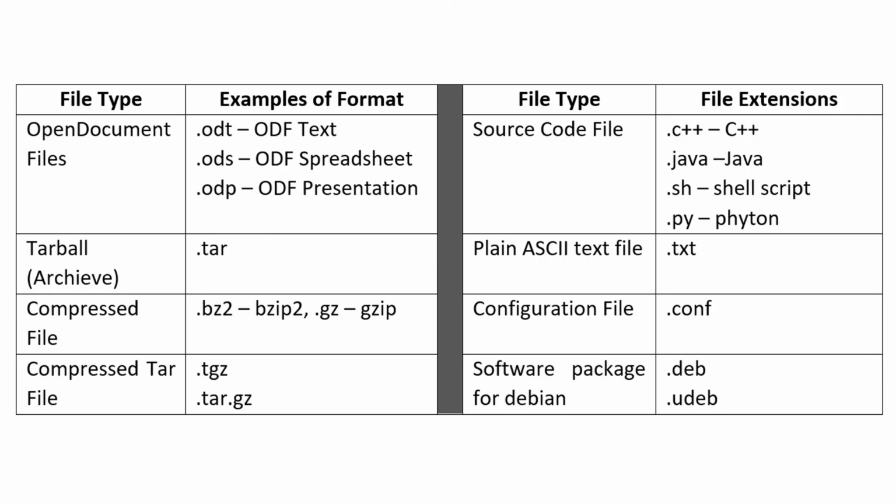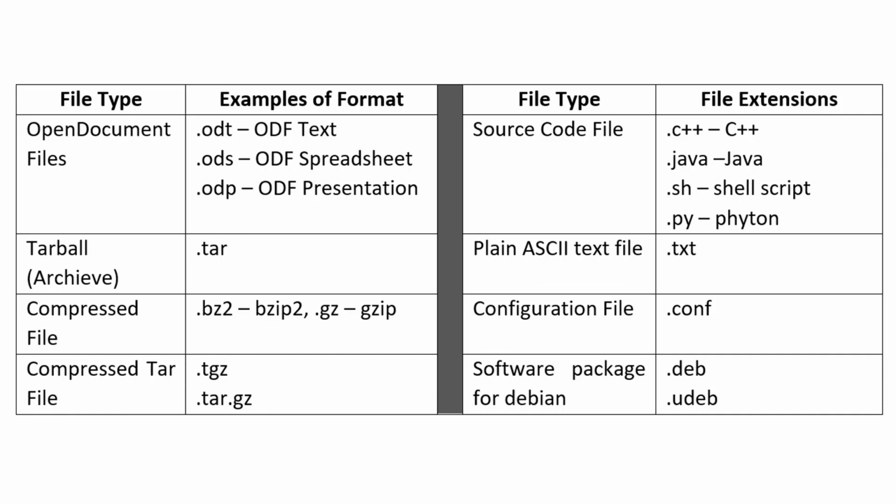Let's move to the right hand side, showing the source code files. These are similar across platforms because they are based on the language. So we have .cpp, .java, .sh, .py, depending on the language. For a plain ASCII text file, it's normally .txt, similar to what we have in Windows.